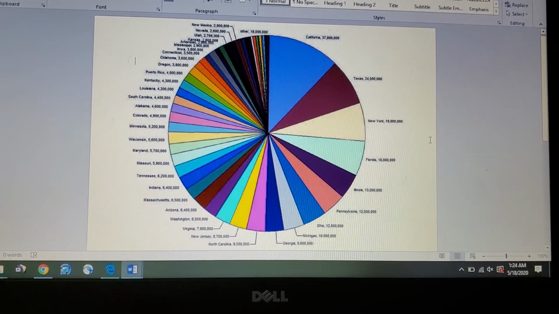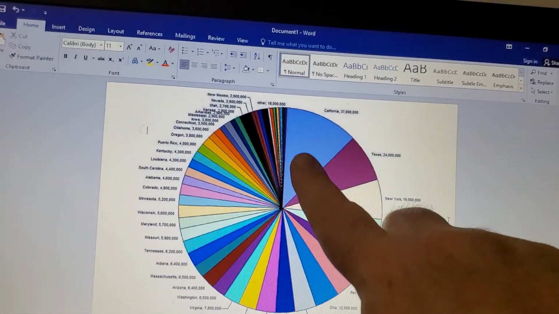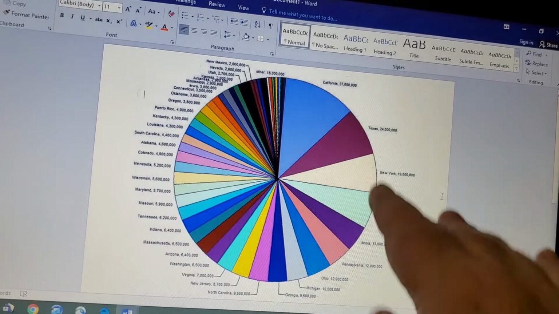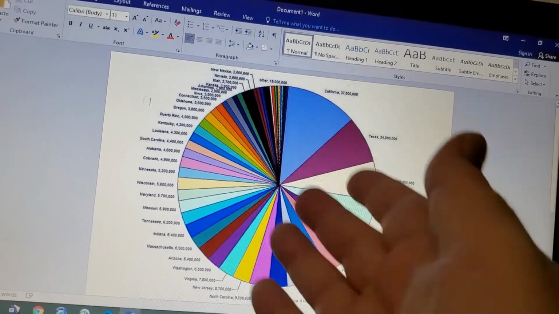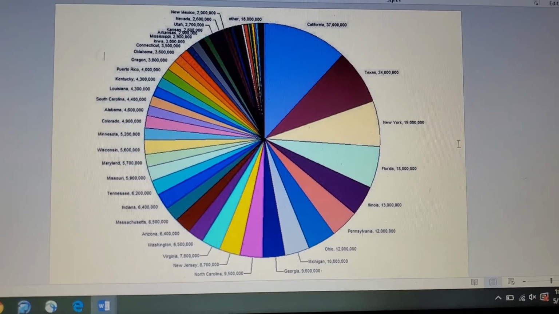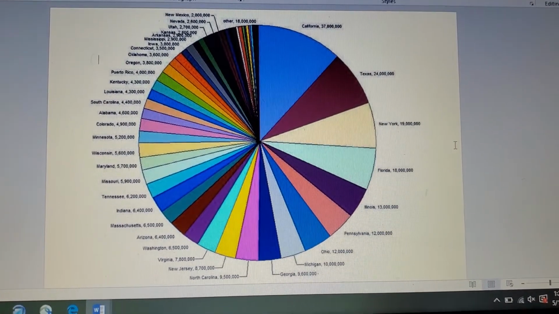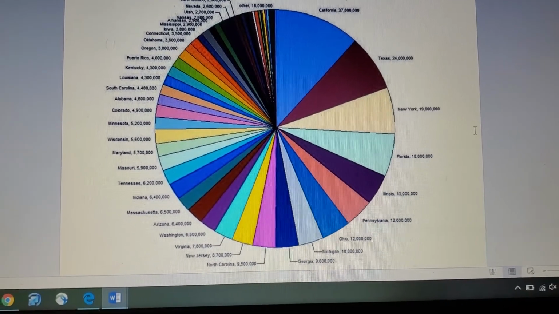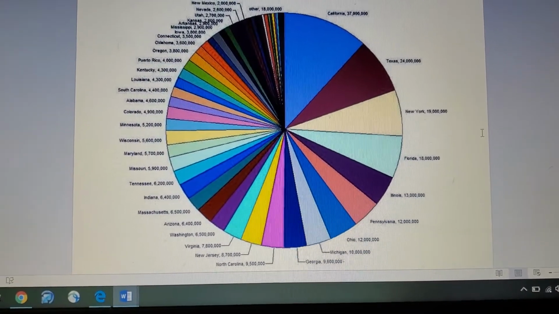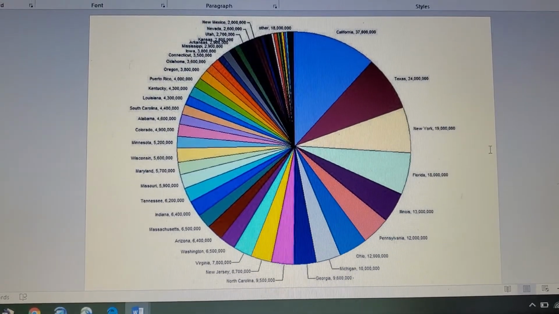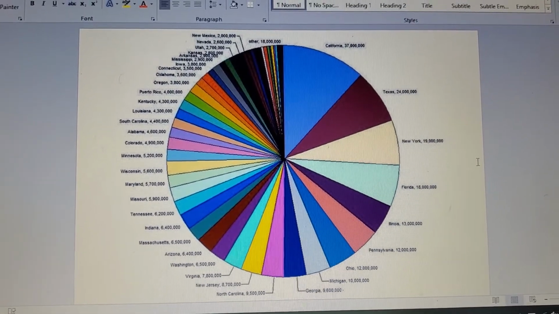I don't have to go into a lot of detail to see that these states have the biggest quantity of whatever this is compared to the other states. So it's not totally ineffective, but you do have to be careful not to overwhelm the person that you're trying to convey your information to with a chart that is too confusing.